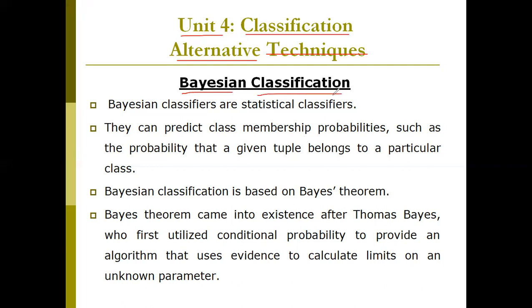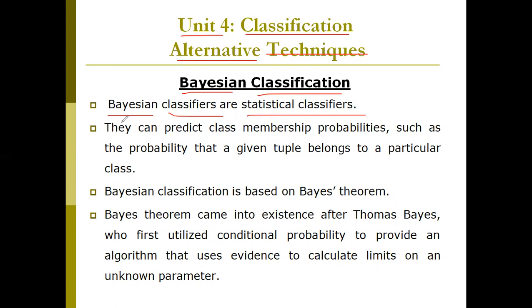What is Bayesian classification? Bayesian classifiers are statistical classifiers. What is a classifier here? A classifier is one model. By using this model, we are going to get some kind of classifications that is based on statistics.